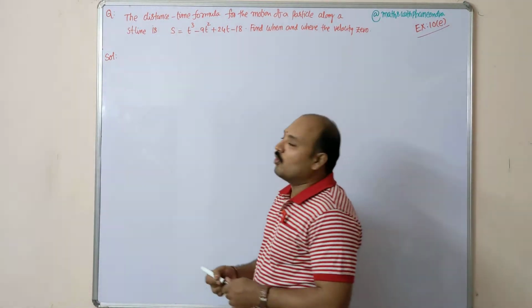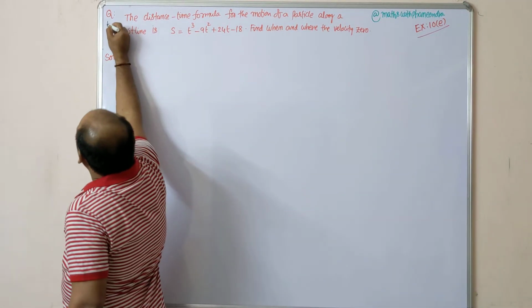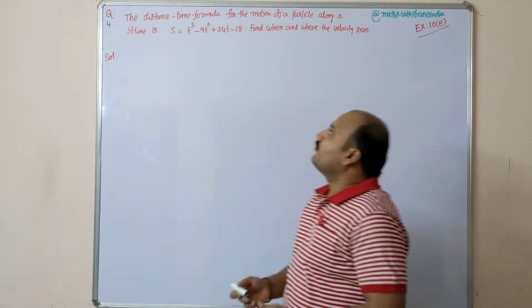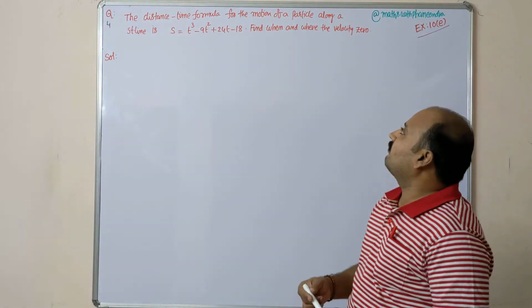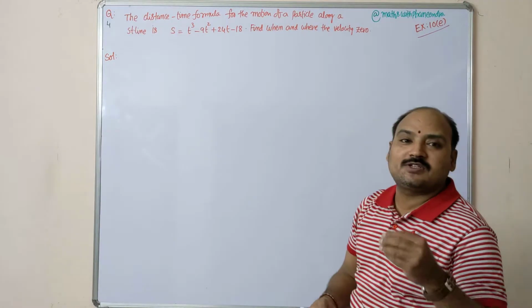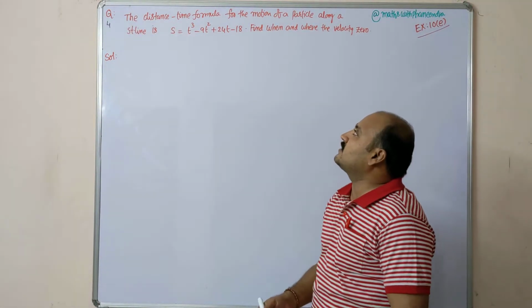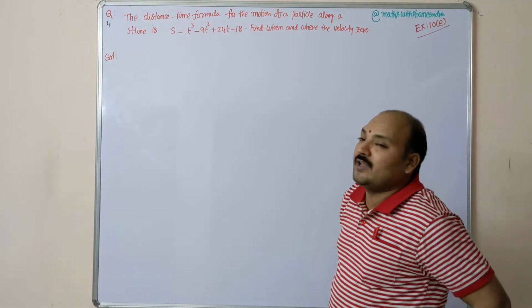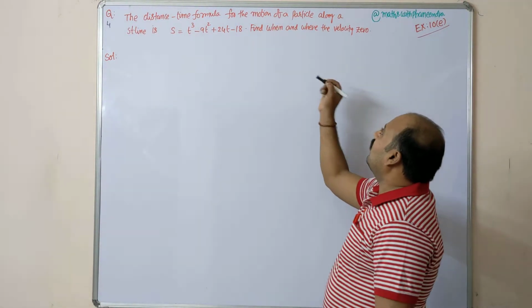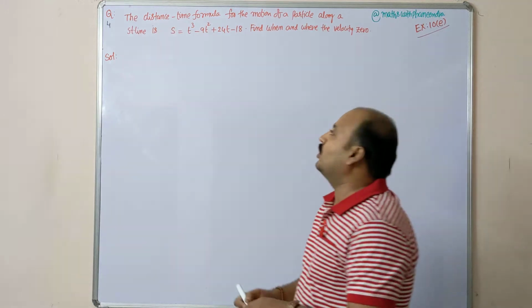The next question, number 4. This is question number 4, dear students. Previously it is 3. The distance time formula for the motion of a particle along a straight line is s equal to t cube minus 9t square plus 24t minus 18. Find when and where the velocity is 0.